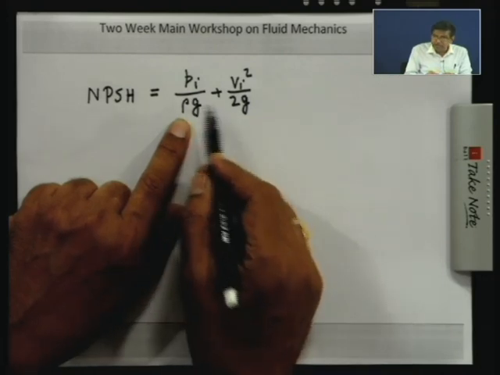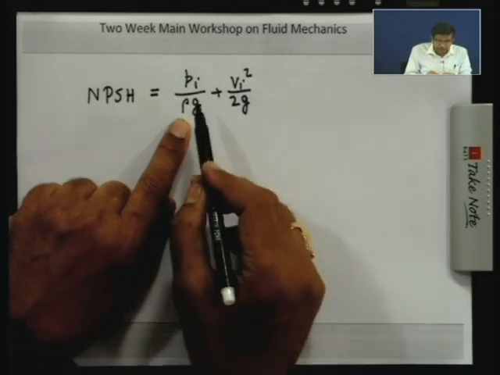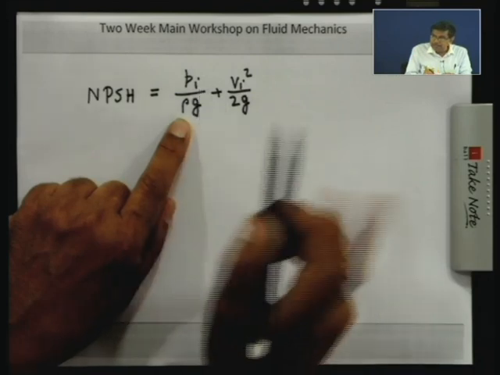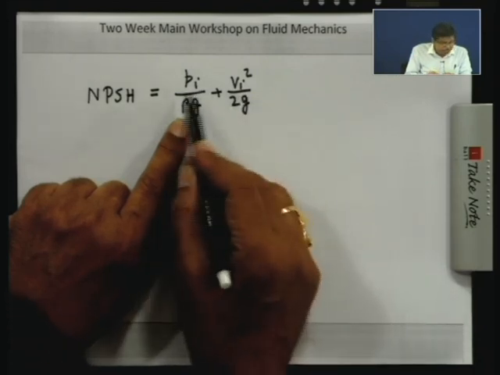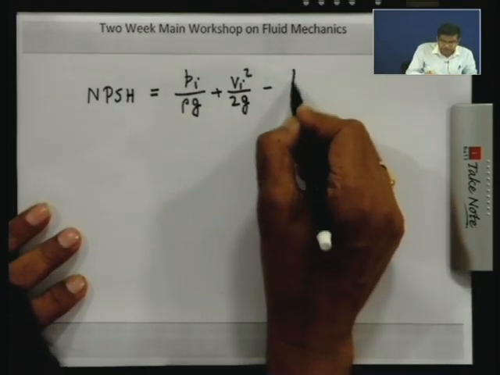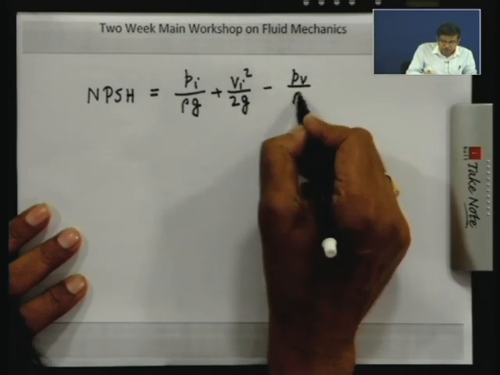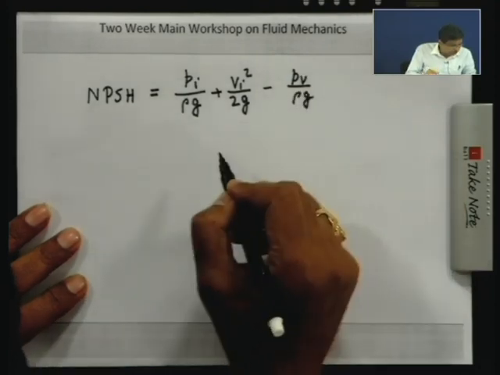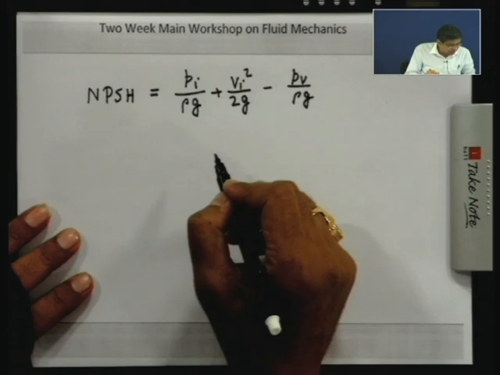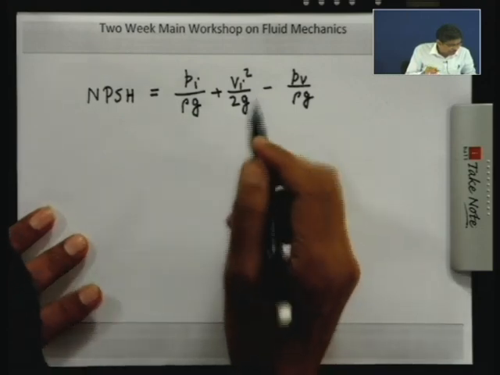In the case of the turbine, it was the outlet of the turbine, denoted by E, the inlet to the draft tube. Here it is the inlet to the pump, minus the head corresponding to PV by rho g, and this can actually be written as NPSH.